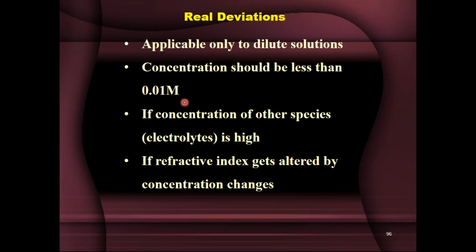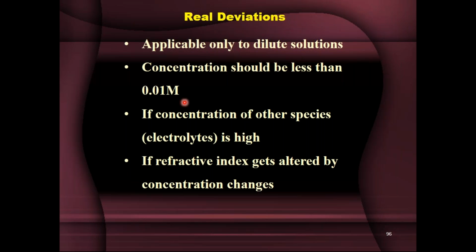So when the concentration exceeds 0.01 molar, the average distance between the particles reduces to an extent such that each particle affects the charge distribution of its neighbors. And when the charge distribution is affected, then the absorbance is also affected.